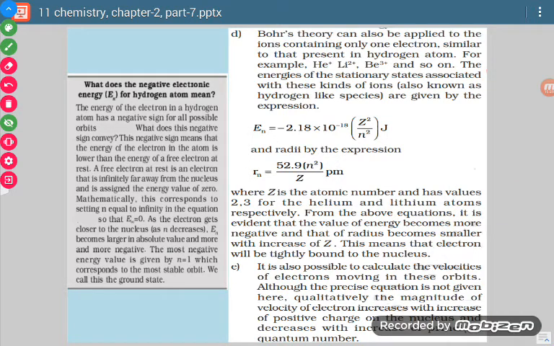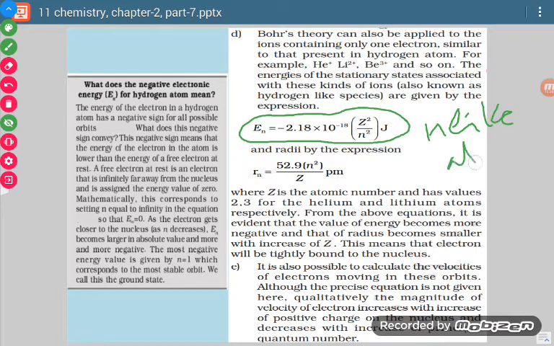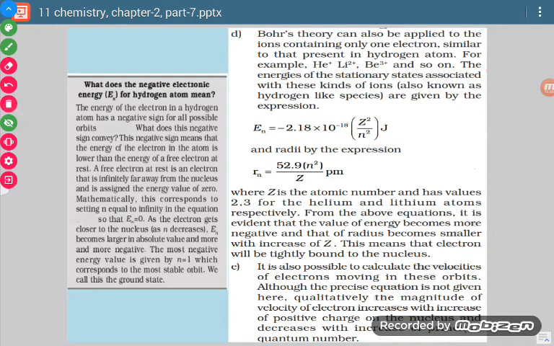Okay, now see two more things which were conveyed by the Bohr model. This is the equation which gives the energy of hydrogen-like atoms. Hydrogen-like atoms means those atoms in which there is only one electron. Now, when there is only one electron, this factor comes into action. What is Z? Z means nuclear charge.